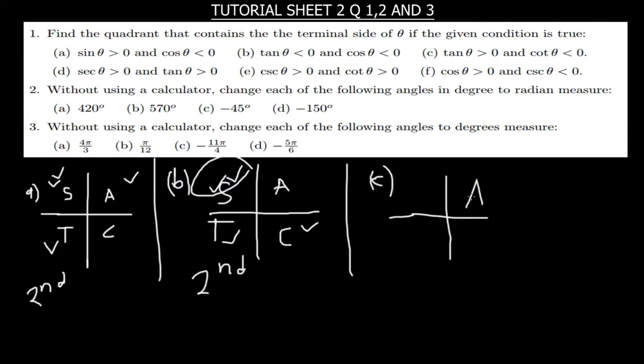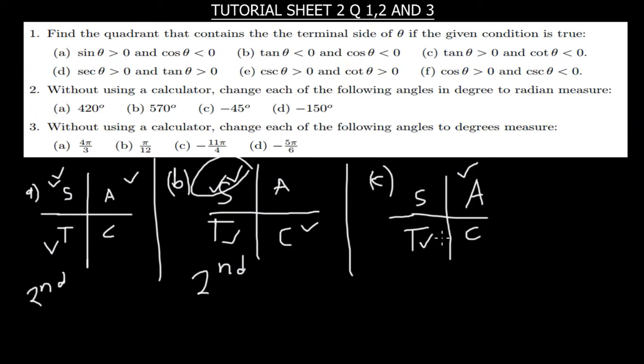Very interesting. So tan theta is only greater than 0 in the first quadrant where all trig ratios are positive, and in the third quadrant like that. I think at one point I mentioned this to be the third quadrant. This is the fourth quadrant.